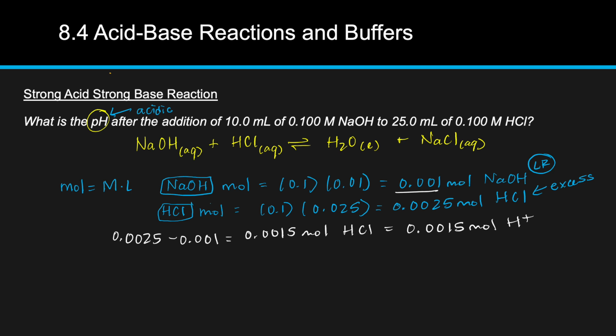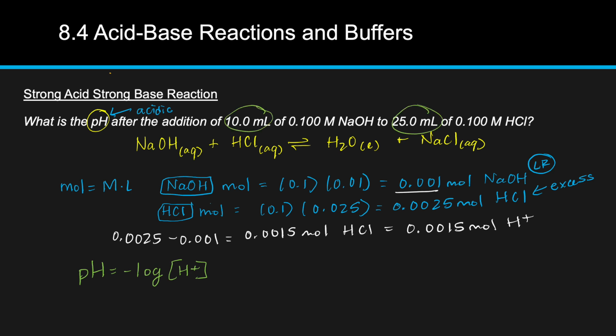So I'm getting really close to being able to solve for my pH, but I know to solve for pH, I need concentration of H plus. Sorry about that, guys. So to get concentration of H plus, I take my moles and put it over the total volume. So I know I started with 10 milliliters and 25 milliliters.